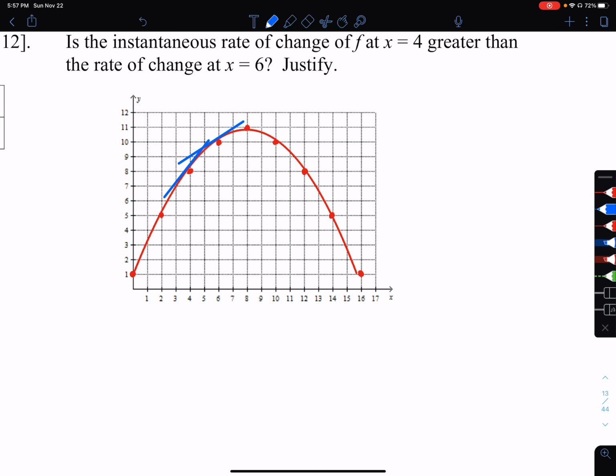So is the instantaneous rate of change of f at x equals 4 greater than at x equals 6? Justify your answer. Well, I would say that the tangent line drawn at x equals 4 is steeper.